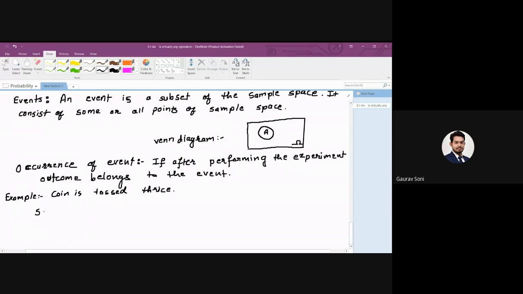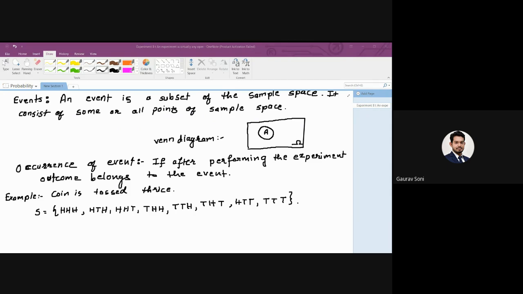What will be the sample space? Head, head, head: either you get all three times head, or head, head, tail; head, tail, head; tail, head, head; then head, tail, tail; tail, head, tail; tail, tail, head; and all three tail.